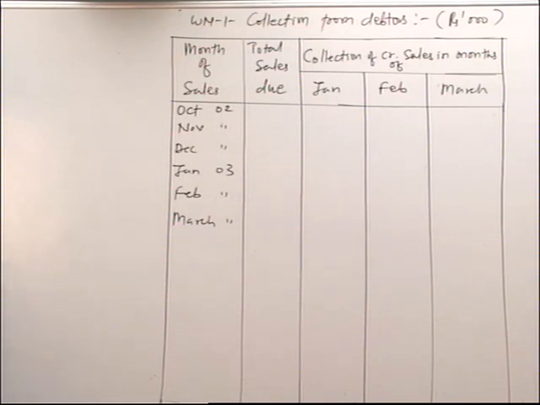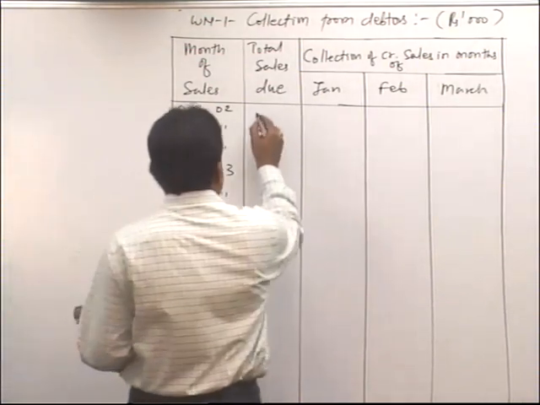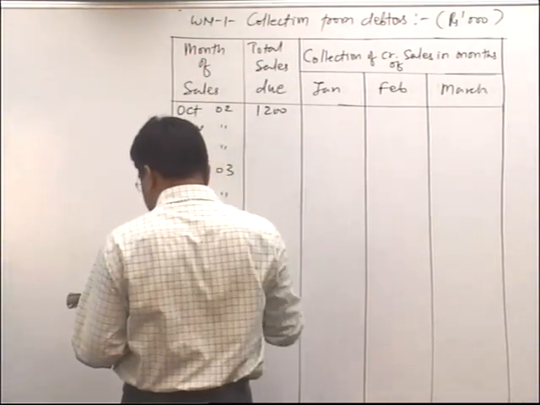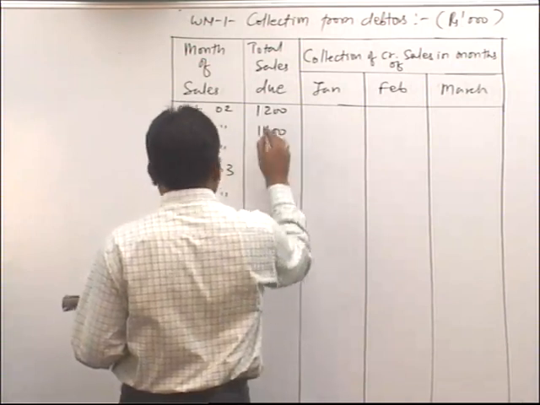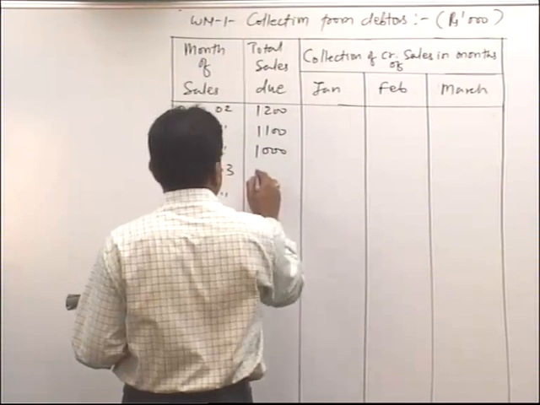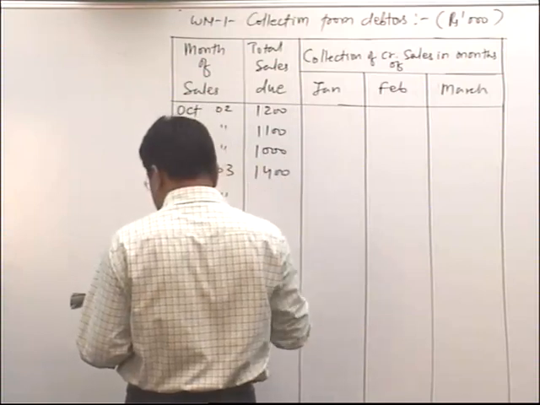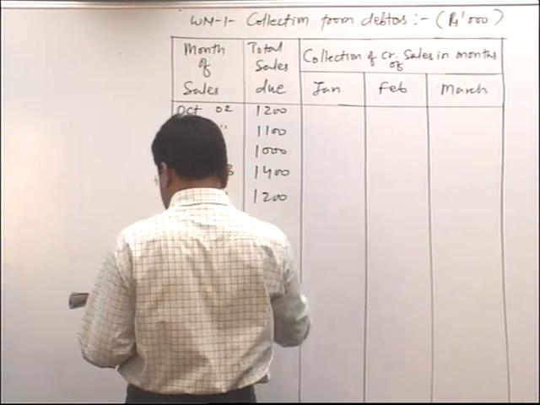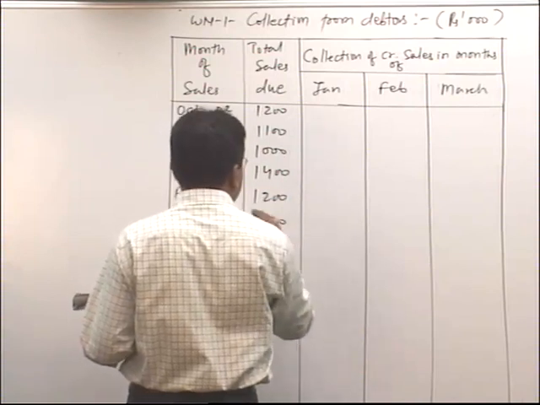Now the total sales including VAT on credit basis are 1,200, 1,100, then 1,000, 1,400, 1,200 and 1,100.